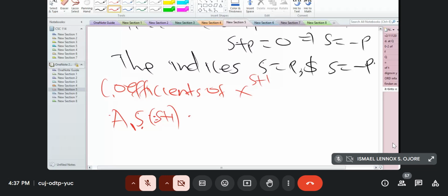Plus A1 into s plus 1, minus p squared A1, equals 0.